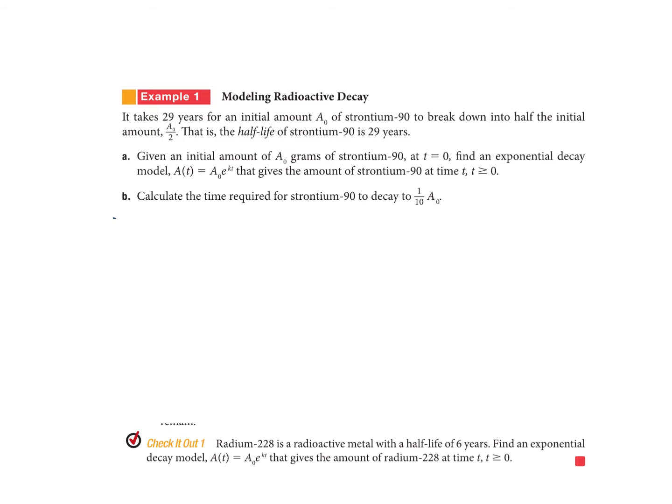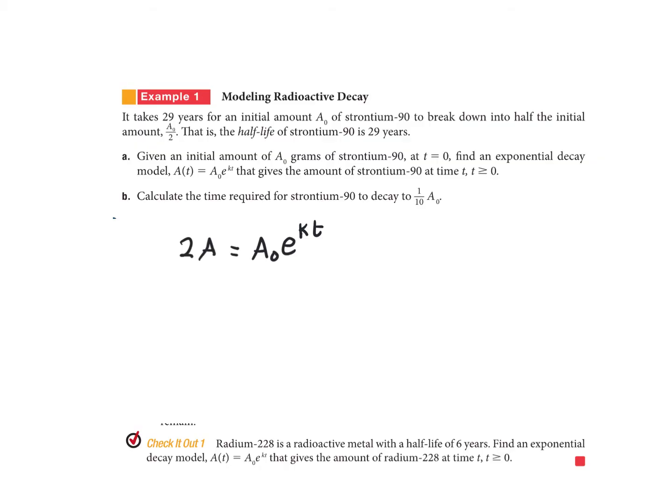So we know that if I have an initial amount, our general model that they gave us looks like this. And we know that we have twice that amount. I'm sorry, 1/2 that amount, half that amount.